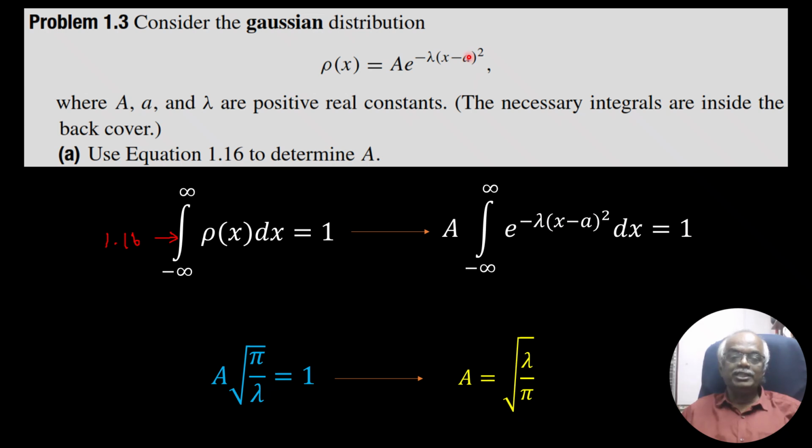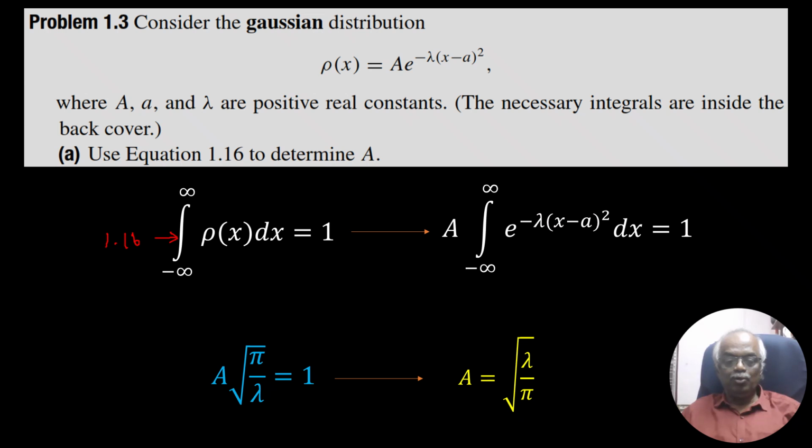Here rho of x we know. Since capital A is a constant, I am taking it out, and the exponential term goes inside the integral: the integral from minus infinity to plus infinity of e to the power minus lambda (x minus a) whole squared dx is equal to 1.